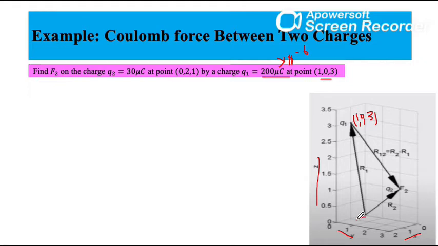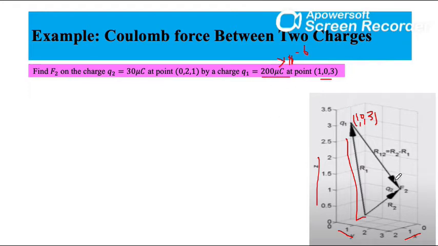Now I have to move along z, and z is equal to 3, to reach this point, q1, or charge q1, whose value is 200 microcoulombs. Please note that this is a positively charged particle which I have put here.